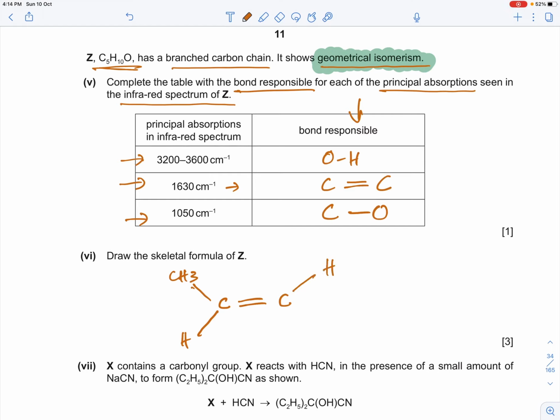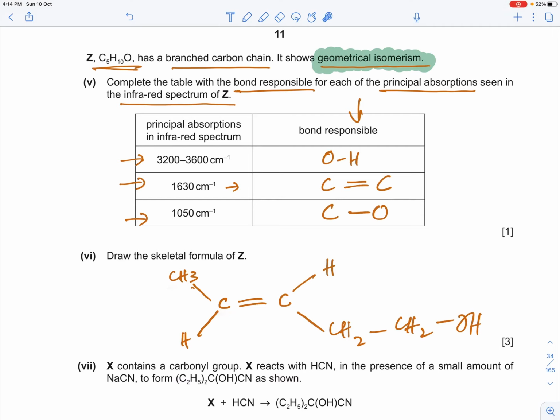So let's say it has this hydrogen attached and CH2, CH2OH.